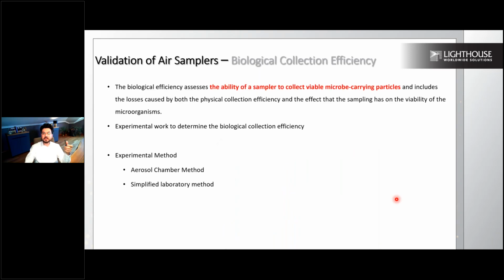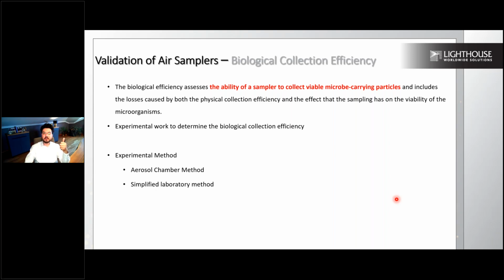But when it comes to biological collection efficiency, this is the ability of the sampler to collect viable microbe-carrying particles, and it includes the losses caused by both the physical collection efficiency and the effects that the sampling has on the viability of the microorganisms. The experimental work to determine the microbiological collection efficiency is done in 2 ways. One, aerosol chamber methods.